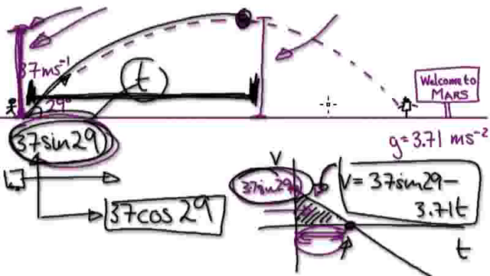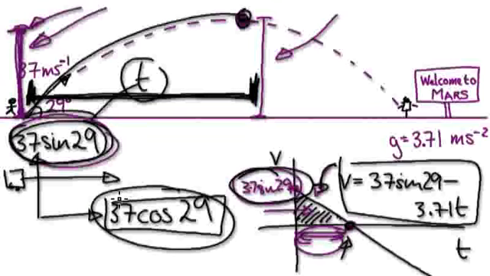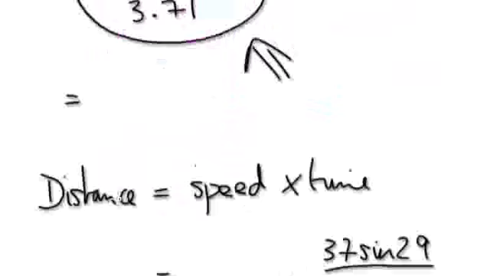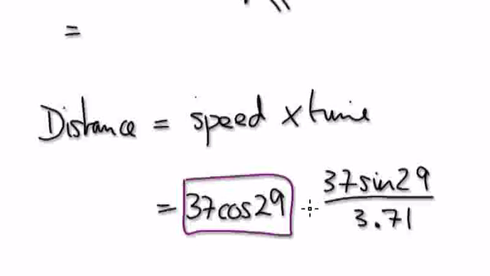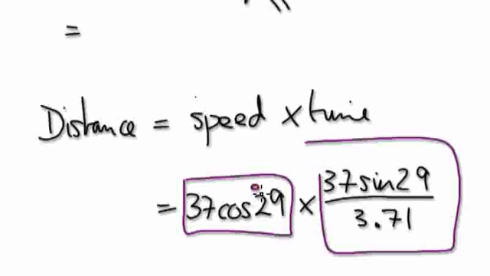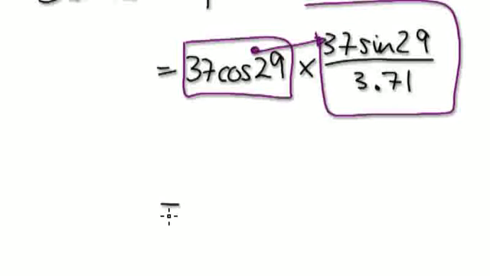Now we need to times it with the horizontal speed, which is given by 37 cos 29. So the speed is 37 cos 29. Basically it's just this multiplied with this thing here, and this thing is multiplying a fraction, so it gets multiplied to the top.